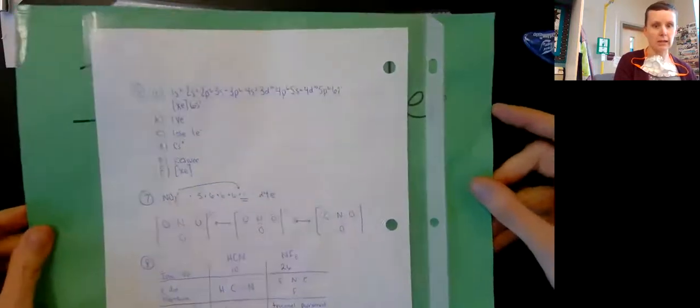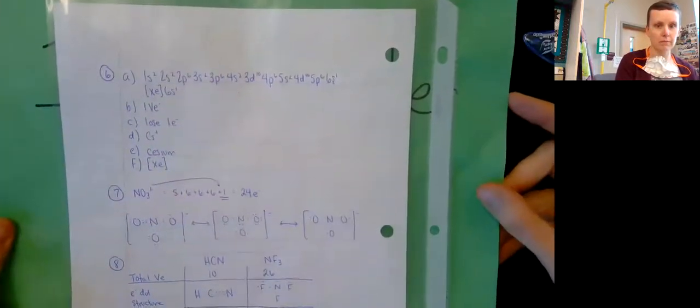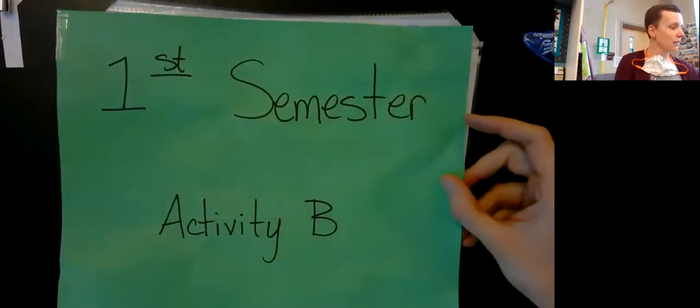On the back side, you know those dots are hard to see. All right, so that's activity A.